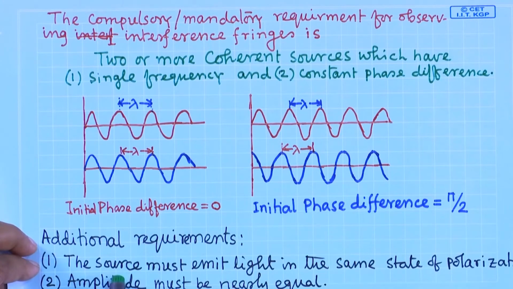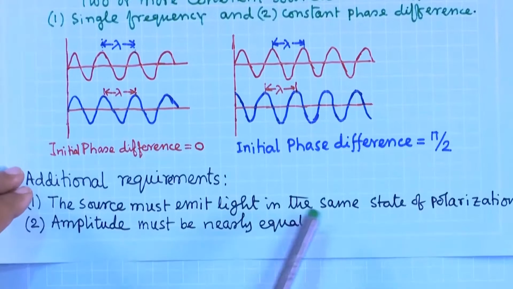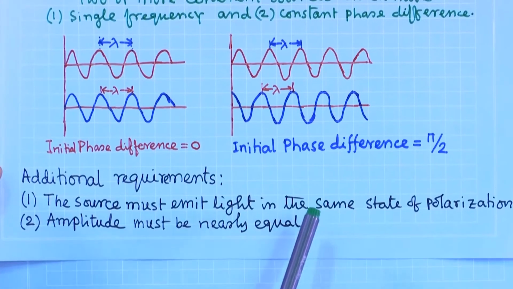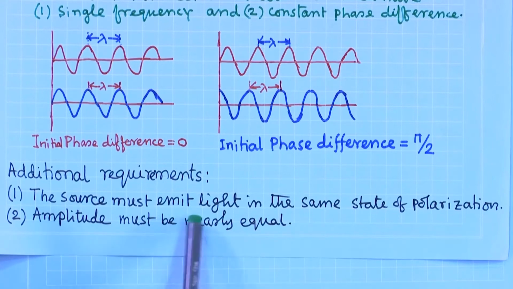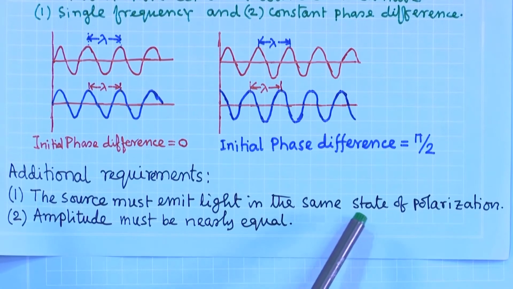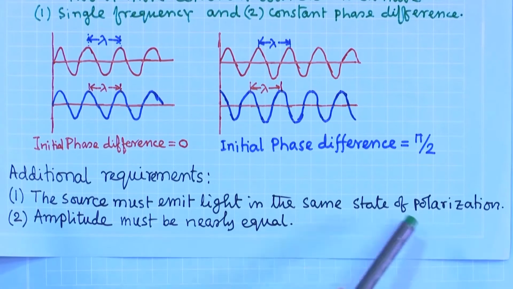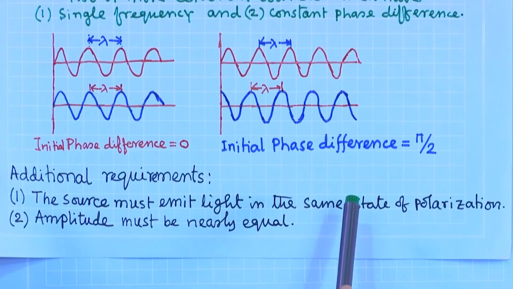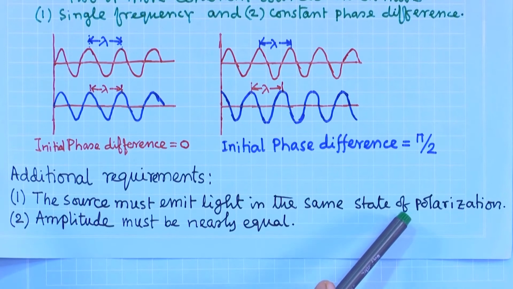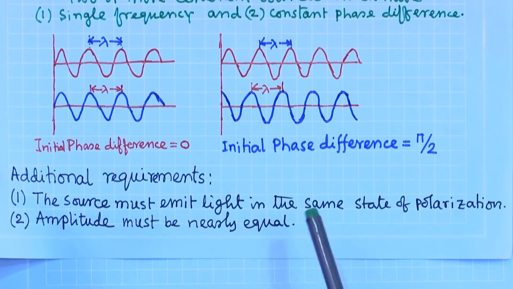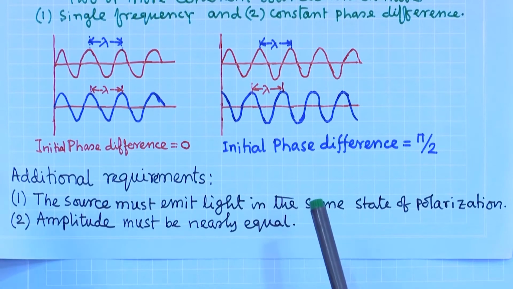Additional requirement, source must emit light in the same state of polarization. This is the additional requirement. So, if lights are polarized, the source must emit light in the same state of polarization, sigma polarization, pi polarization. So, these two will not interfere. Okay. So, interference will happen only between pi pi or between sigma sigma.